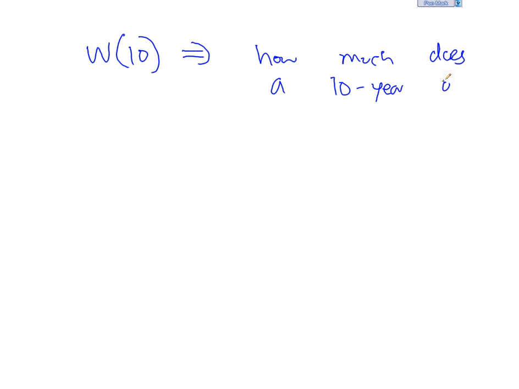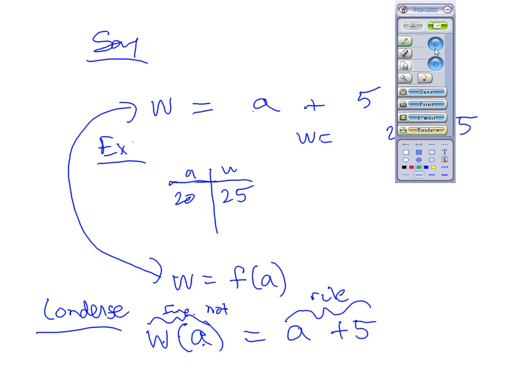So the advantage of using the condensed form is if I write W parentheses 10, that does not mean W times 10, that means how much does a 10-year-old make? Again, remember these are just predictions based on a formula we have. And so we could write W of 10 equals, well, our equation is take the age and add 5 to it.